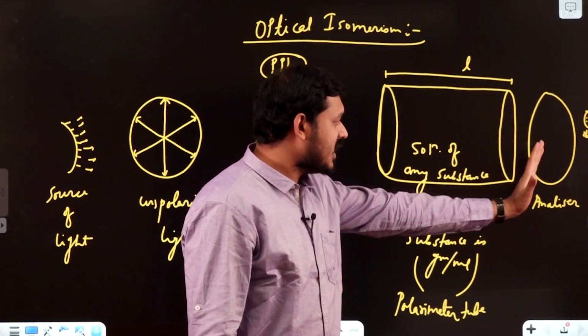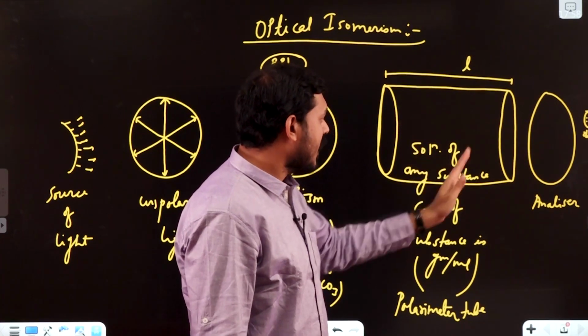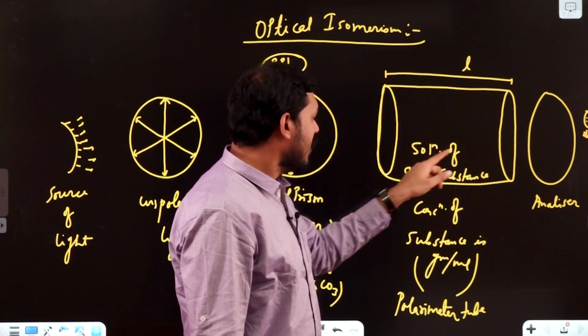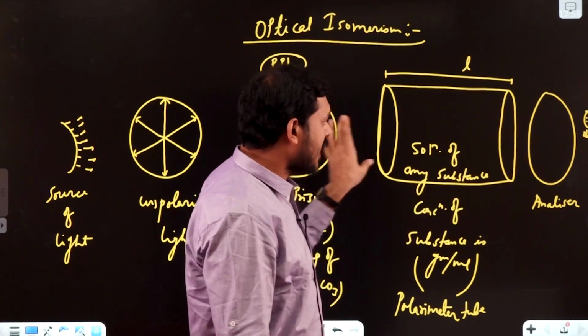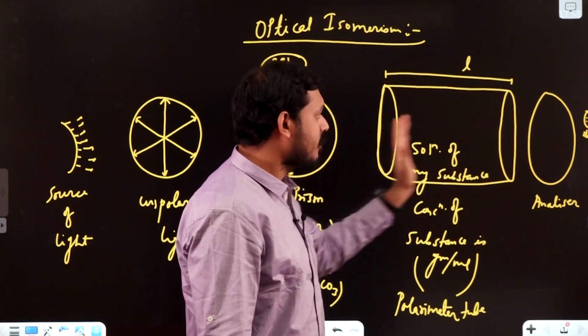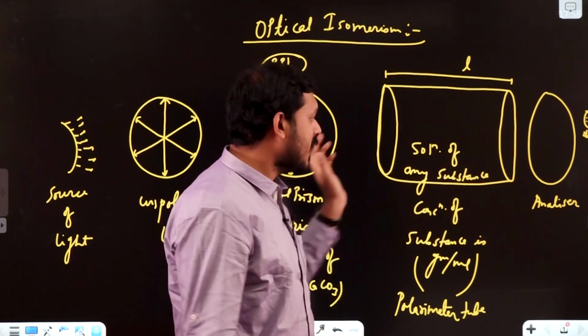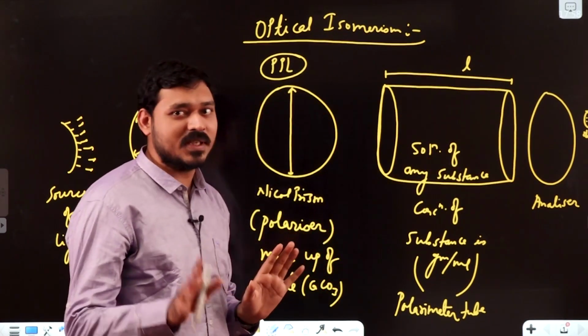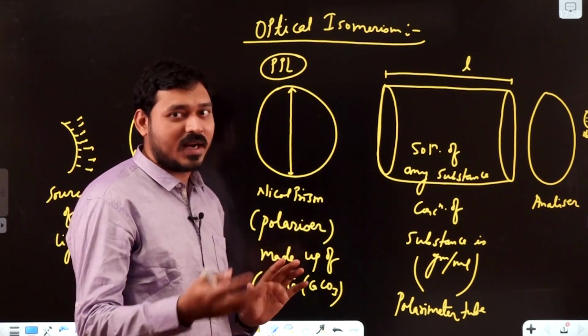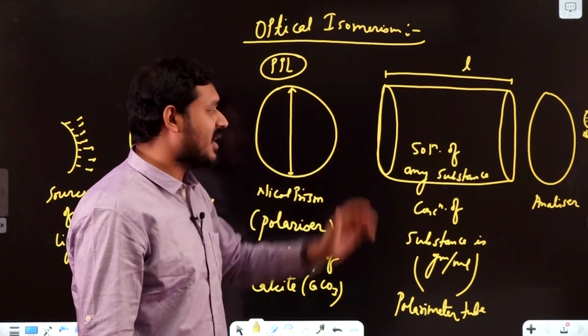This analyzer shows the effect of PPL with respect to the substance. If the analyzer shows that PPL is the same as it was earlier, there is no optical activity. But if the light rotates in any direction, there is optical activity, meaning the substance will be optically active and will show optical isomerism.